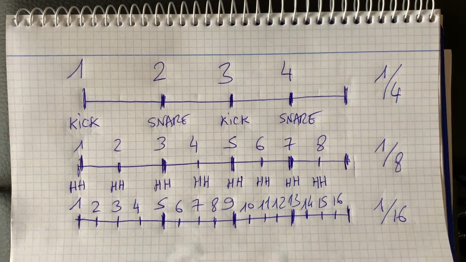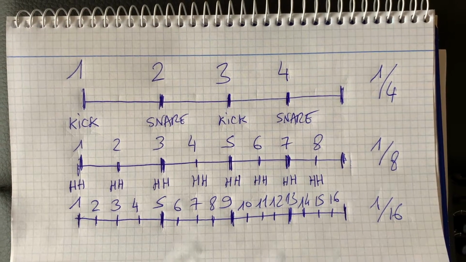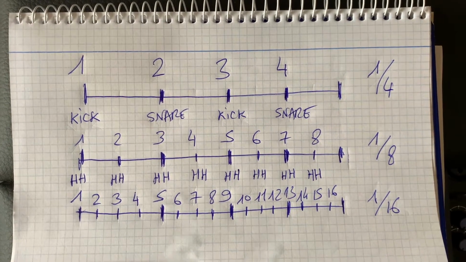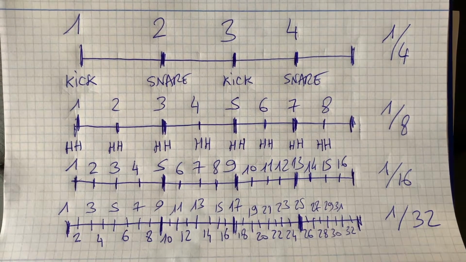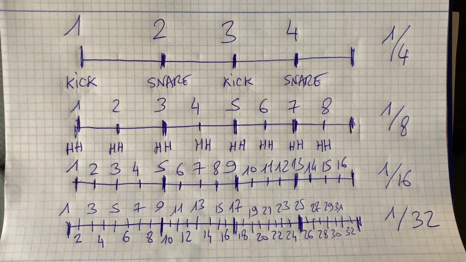Okay? But it could be sixteenths. 1, 2, 3, 4. That's 16. But it could be thirty-seconds. That's the same space of time as 1, 2, 3, 4.